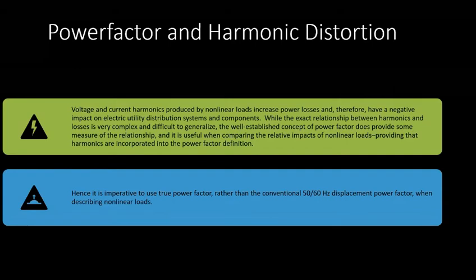And when we are looking at the power factor figure, we do not look at the conventional displacement power factor because the displacement power factor is probably more applicable to linear loads. We are looking at nonlinear loads because in today's world, we talk of mostly nonlinear loads. And when we're talking of nonlinear loads, it is really the true power factor which is important, and that is what includes the effect of the harmonic distortion.